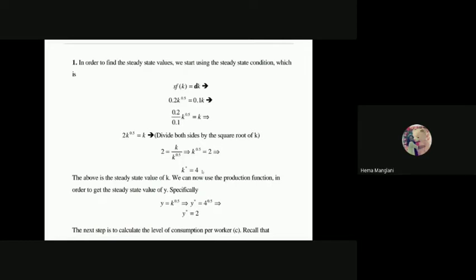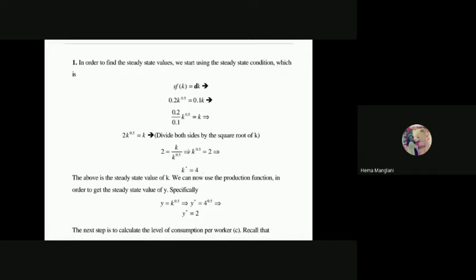So now we have got the steady state value of k. Now we can use this k star to get the value of y star, also c star, also s star, also i star, as we have done in the previous lecture. The same way, you can estimate the steady state for all.